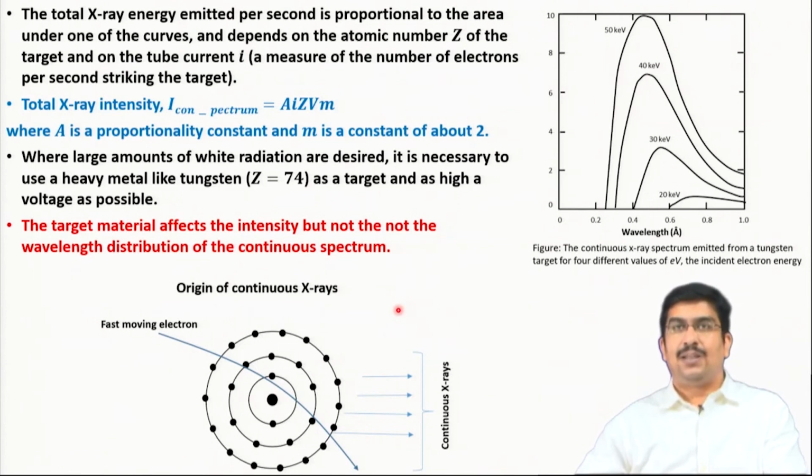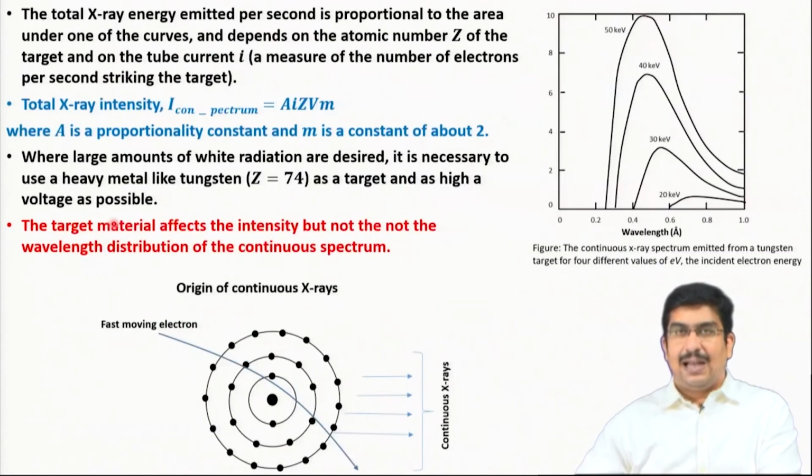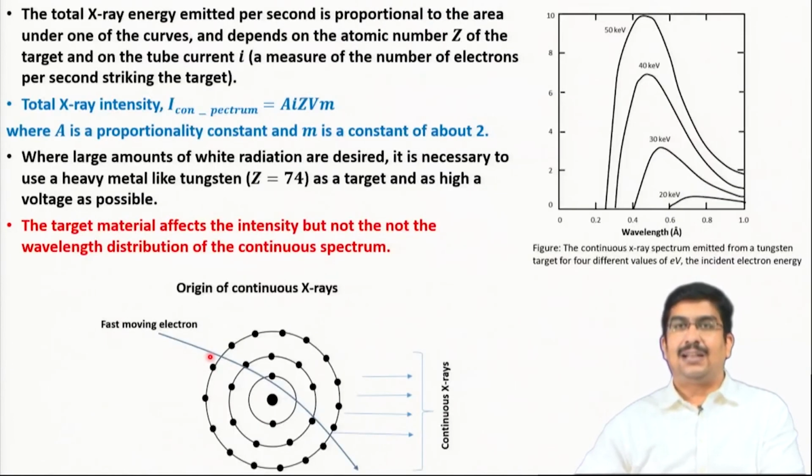So if this is a moly and this is a tungsten, they will have their own continuous spectrum. That means they will have a very typical relationship between the X-ray intensity and the wavelength, which is very characteristic of the anode element that is used.